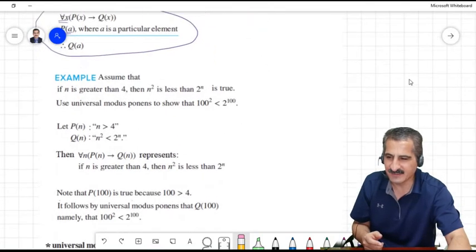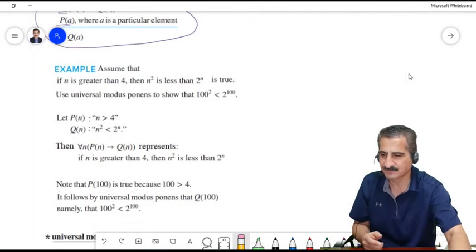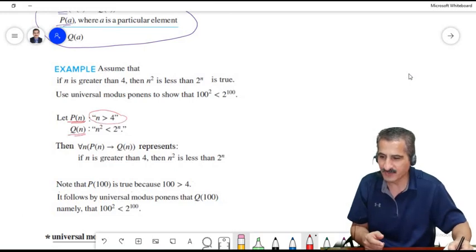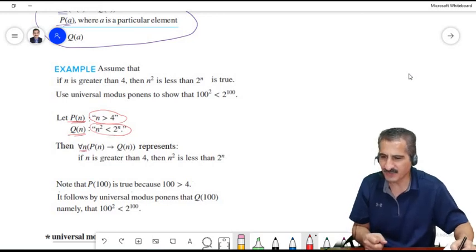And there is an example for it. If we say P of n is the statement n is greater than 4, and Q of n is n square is less than 2 to the power n. And we know that for every n, if we have n greater than 4, then n square is less than 2 to the power n.